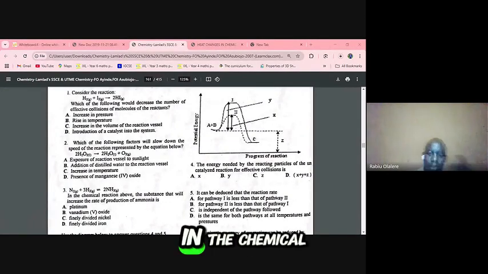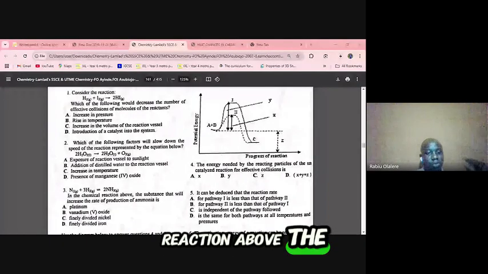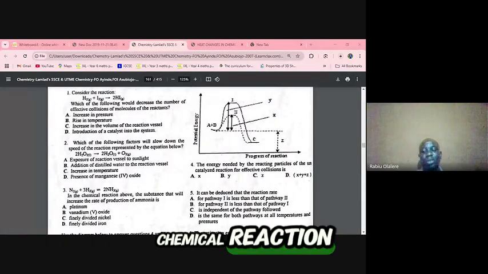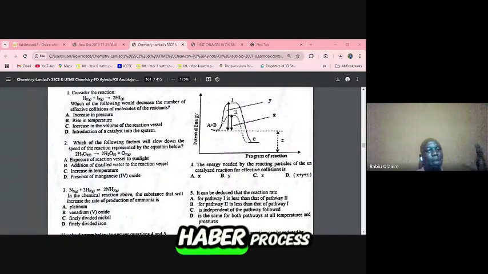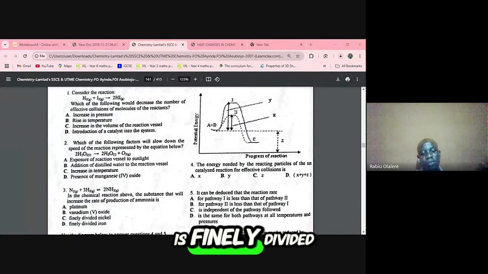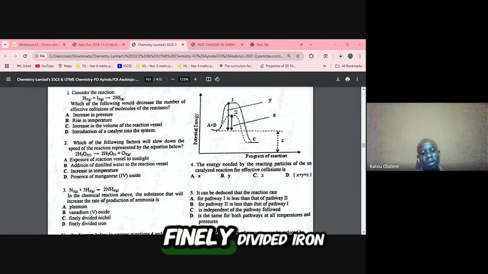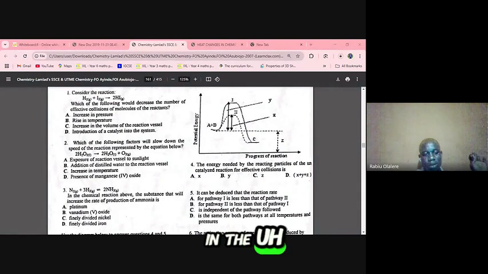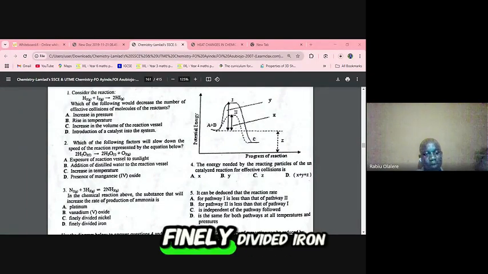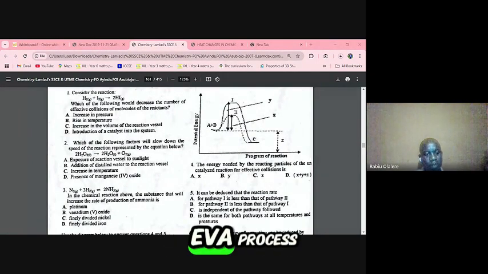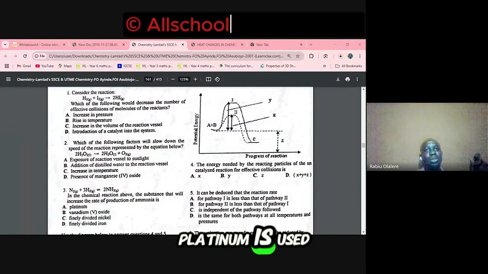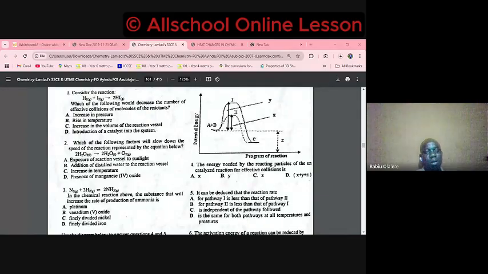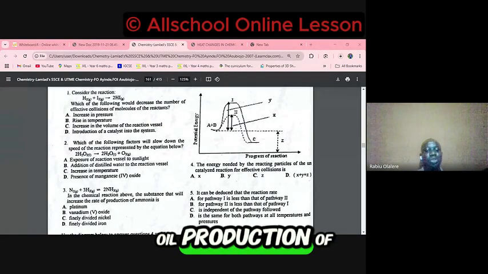Number 3 now says, in the chemical reaction above, the substance that will increase the rate of chemical reaction. This is the Haber process. In the Haber process, the catalyst used is finely divided iron. Platinum is used as catalyst in hydrogenation of oil, production of margarine.